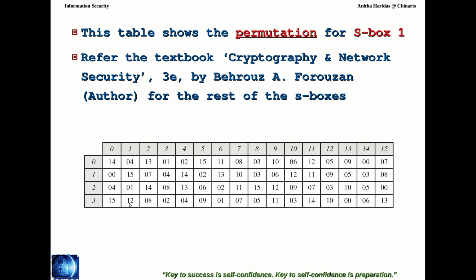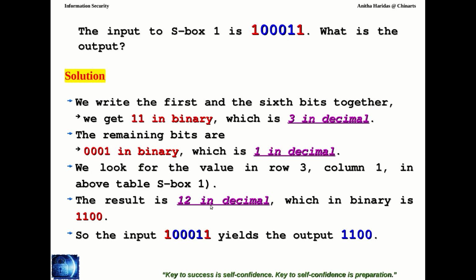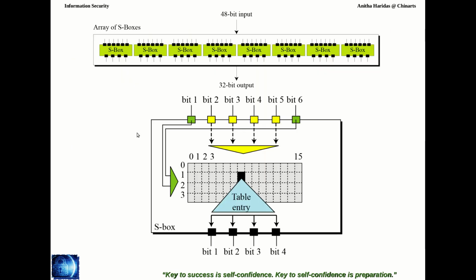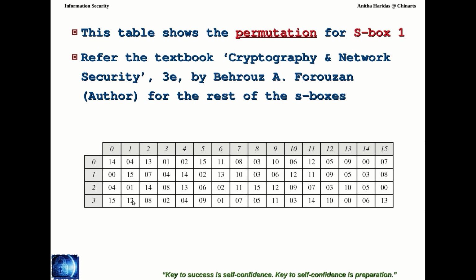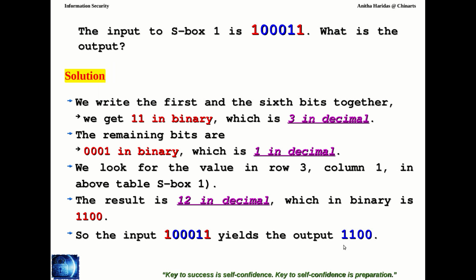Row 3 and column 1 gives you the value 12 in decimal, which in binary is equivalent to 1100. So if this value is given as the input for S-box 1, using this method, it produces 12 as the output, where 12 is equivalent to 1100.